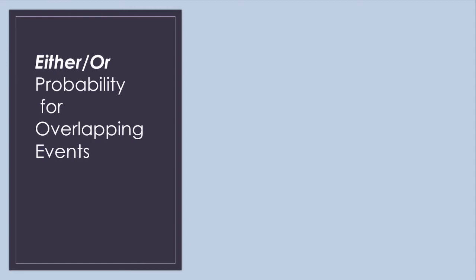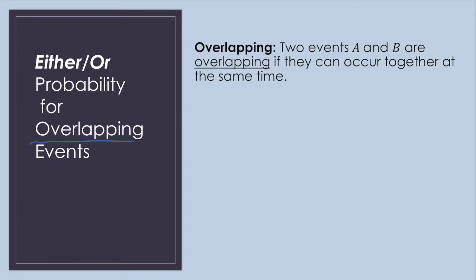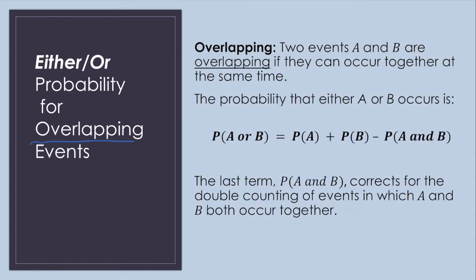Next, we're going to talk about the probability for overlapping events. Two events, A and B, are overlapping if they can occur at the same time. So, for example, if we wanted to look at a group of students who were women or were biology majors, a student could be both a woman and a biology major.